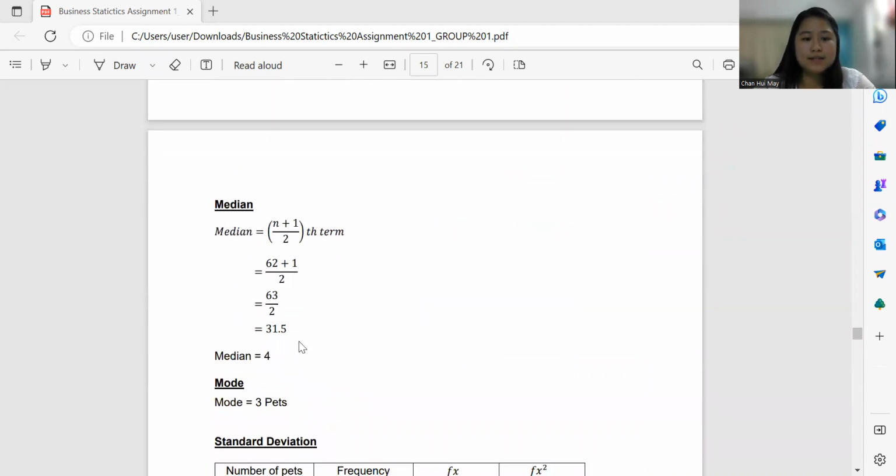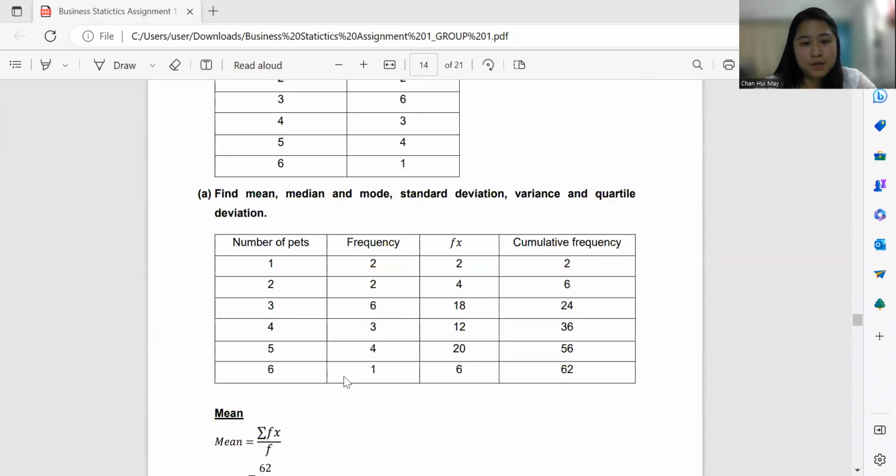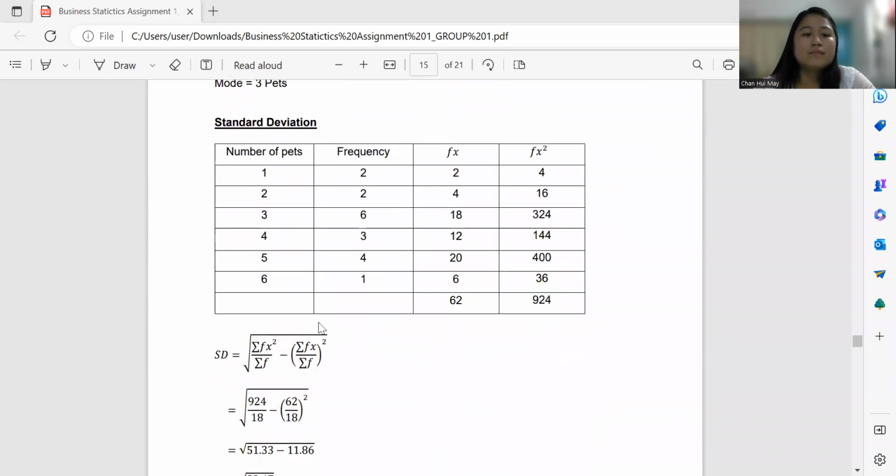So our median is 4. For the mode, based on our table, we choose the highest frequency, and that should be our mode. Based on the table, the highest frequency is the number of pets equal to 3. So our mode is 3 pets.